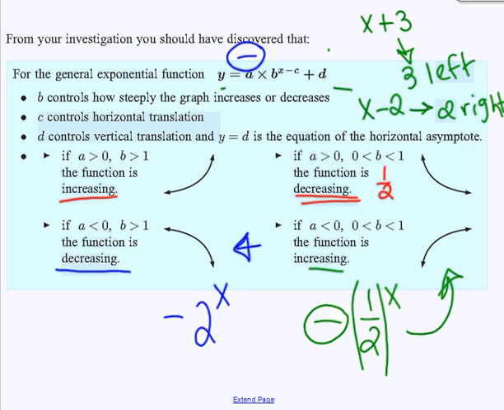But actually we have two kinds of reflection here. We have the negative out in front, so that's an x-axis reflection, and we can write 1/2 as 2 to the -1. So that's 2 to the -x. So we've got an x-axis reflection and a y-axis reflection happening. But again, that's a bit of an extension, so don't stress if that's a bit much right now.